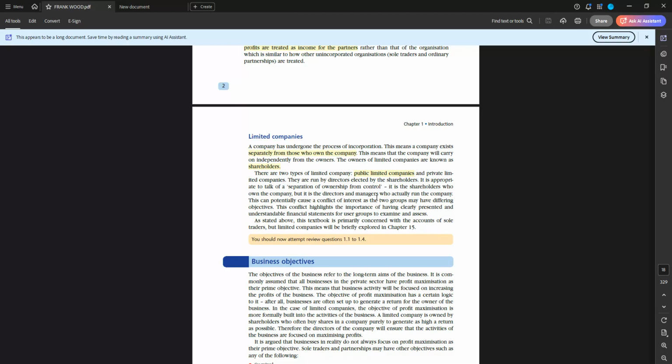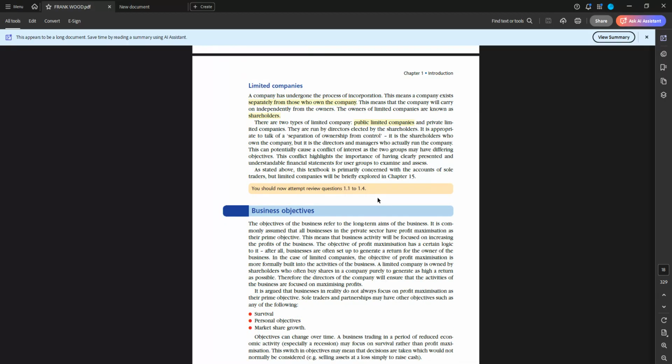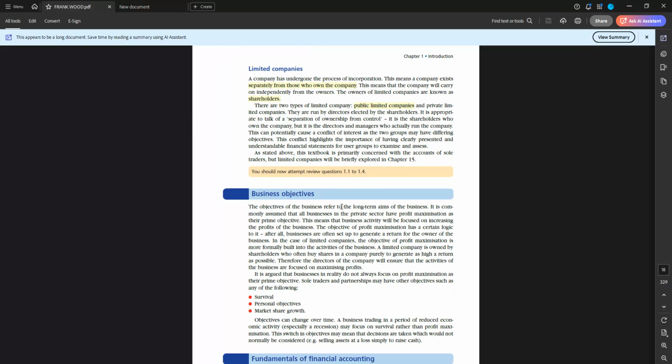You'll go to the companies office and get your company registered. It has a different address from the owners of the company, so everything is separate. So the company can sue or be sued in the company name, not the owners of the limited company. And the owners are known as shareholders.